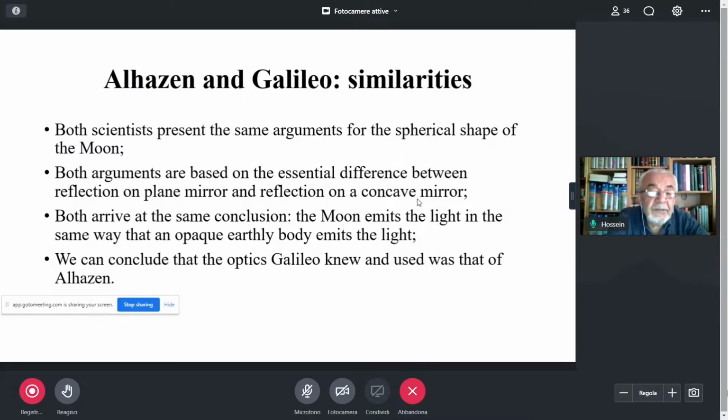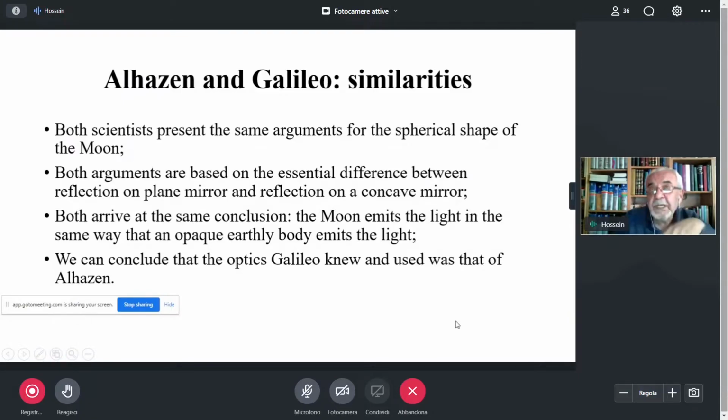And both arrive at the same conclusion. The moon emits the light received from the sun in the same way that an opaque body emits light. That is, the light is emitted from all points on the surface of the moon and in all possible directions.